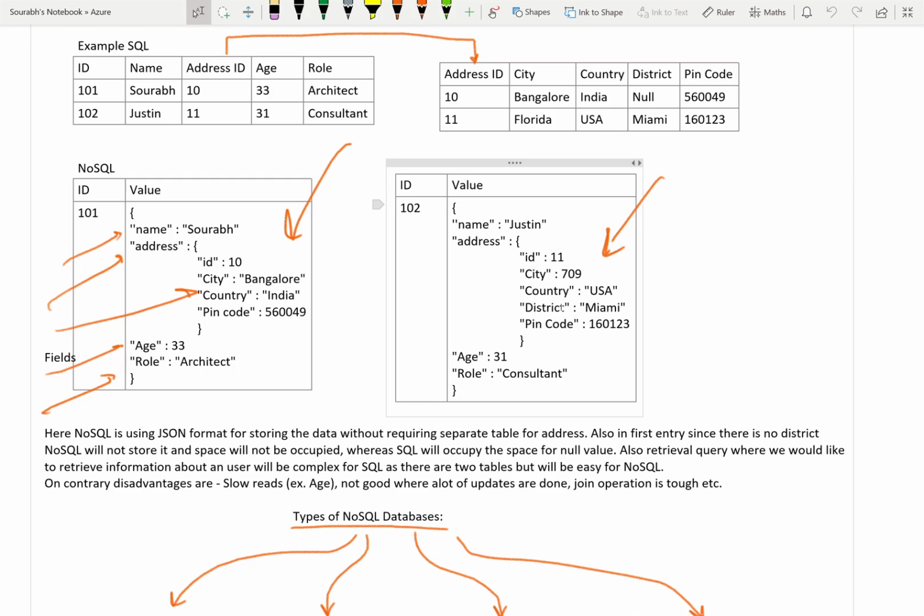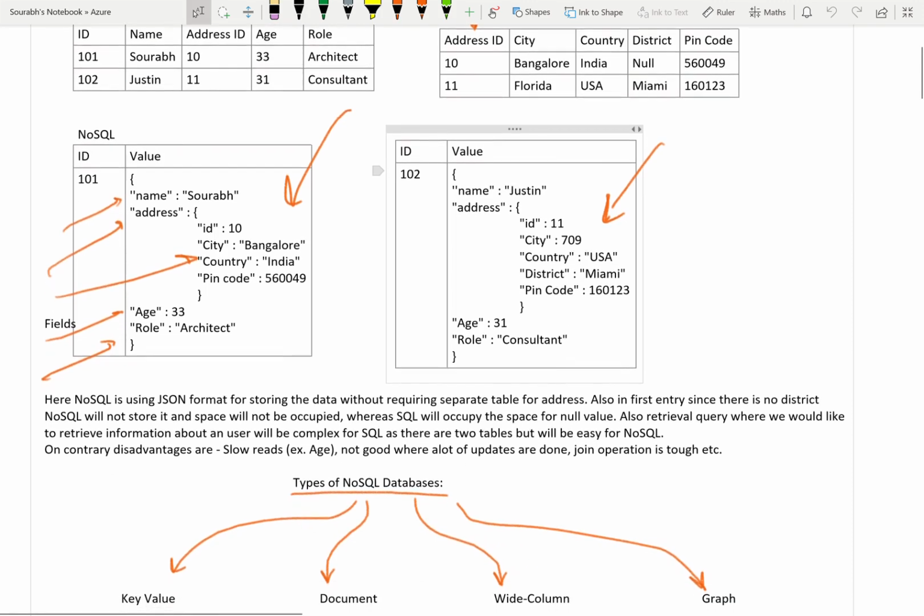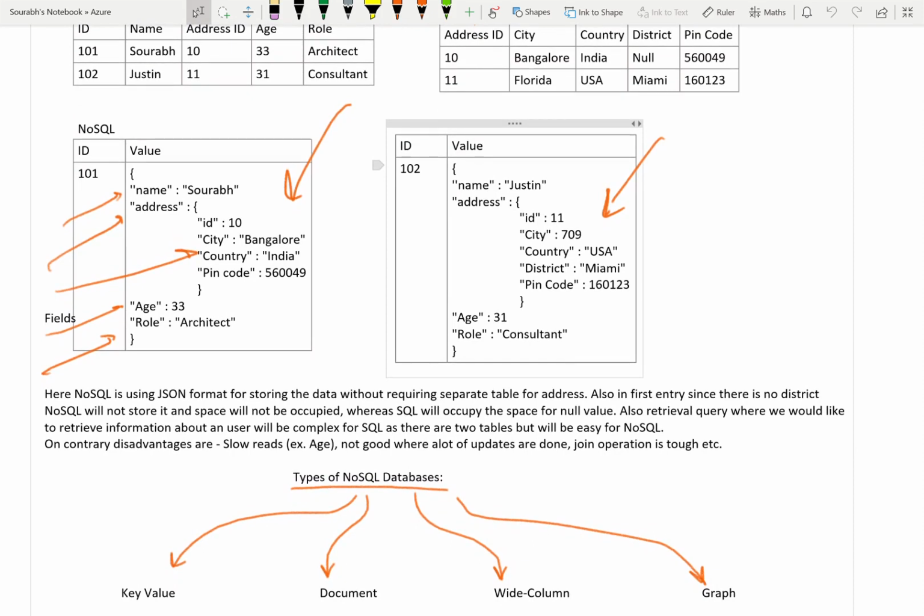Some of the disadvantages that I would like to highlight are slow reads. When you have a lot of updates to be done within the table, it might lead to slow reads. The join operation is also tough. I'm saying joins are not required, but if a join was required at all, then joining two NoSQL databases is a very complex and difficult task.